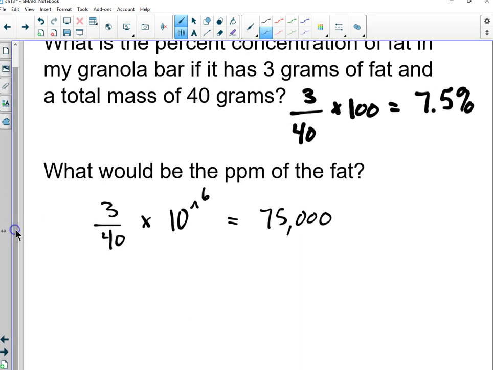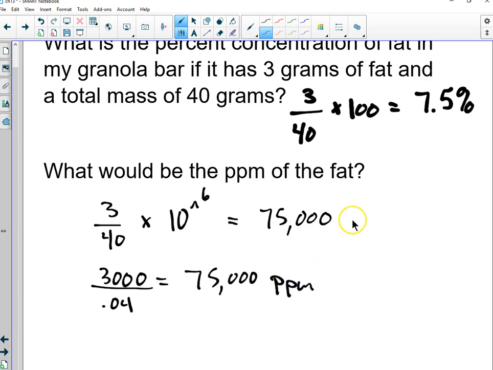Okay. The other way, and you don't have to do it the way I do it. It really doesn't matter. You convert this to milligrams, which is 3,000 grams. You convert the one to kilograms, which is 0.04, and you should get 75,000. Why do I do it that way?